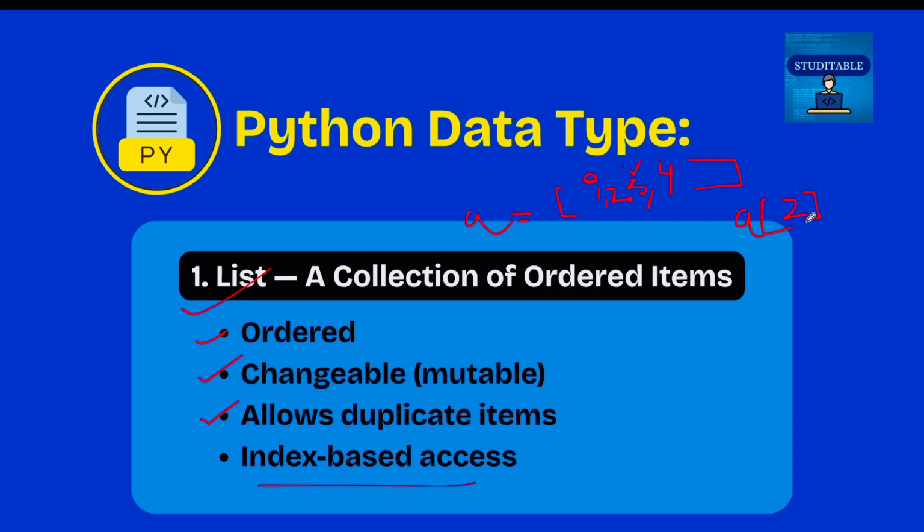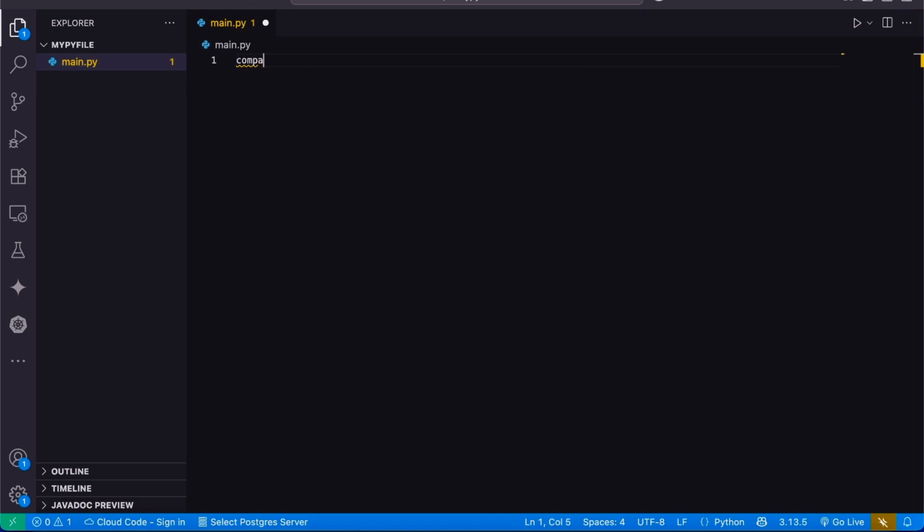So let's create a program to understand list better. So let's say I have companies, a list of companies here that has a value of, say, Apple, Google, Amazon, and Netflix.